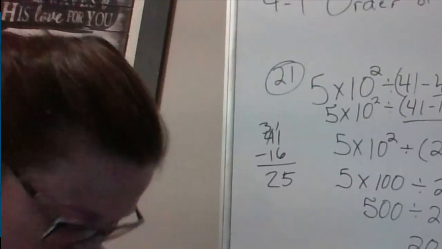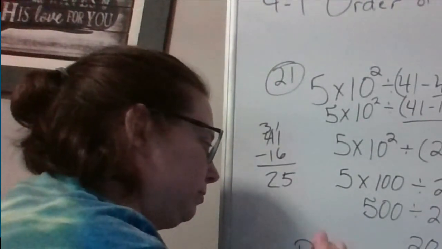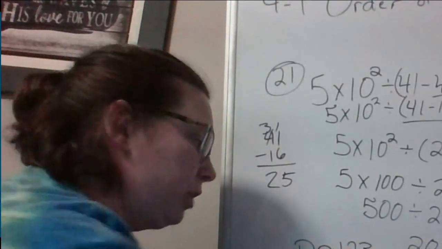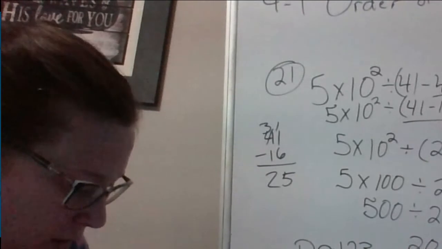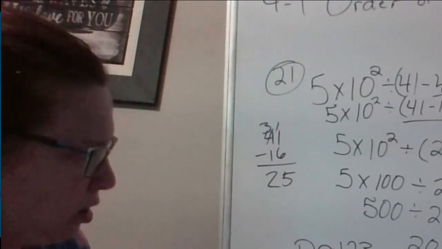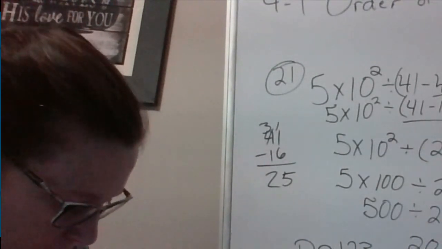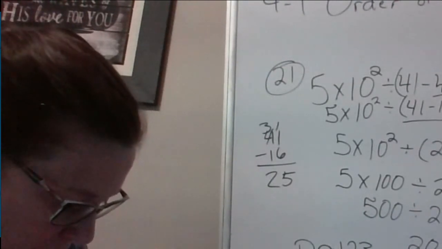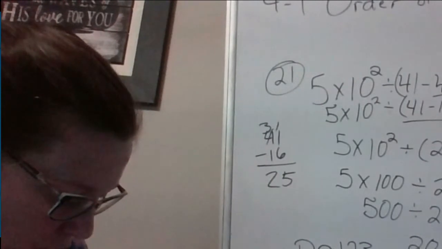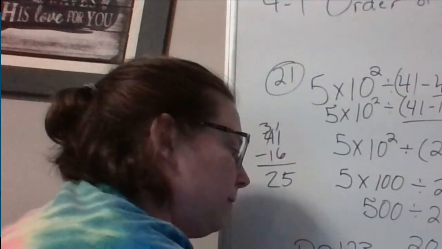What I would like you to do is page 123, and we're working on the evens here. So what I want you to do is go ahead and try 2 to 22 even.